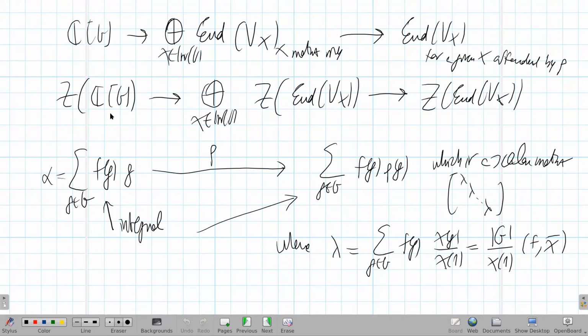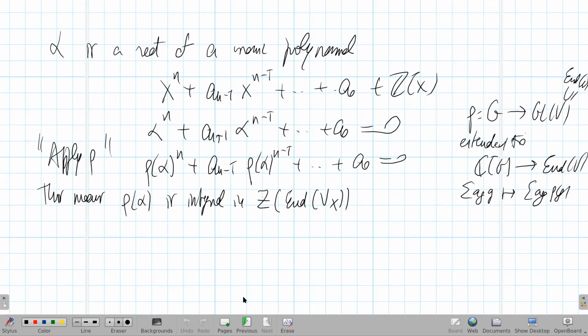So you started with alpha here, you apply this, you get in the center here, but rho alpha is nothing else but this lambda, lambda, lambda. So to say that rho alpha is the root of this polynomial means simply that lambda is a root of this polynomial.